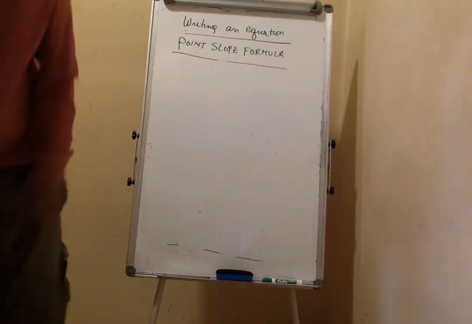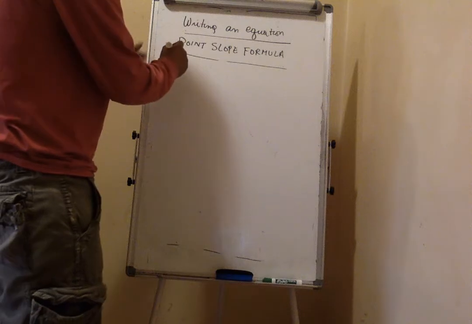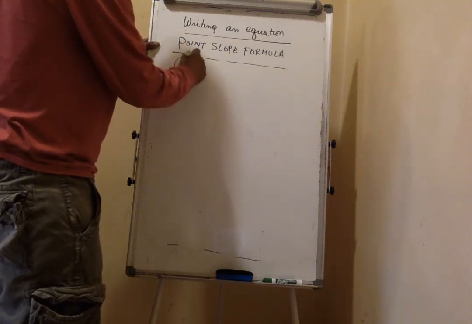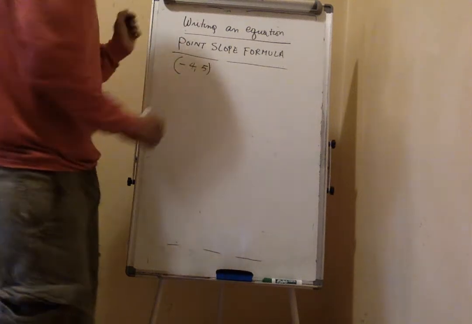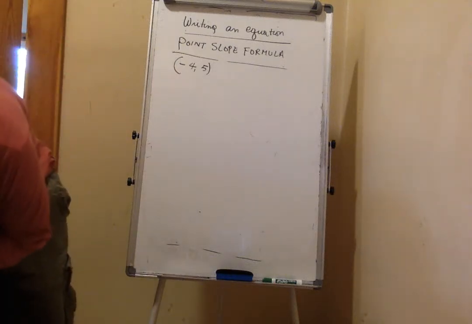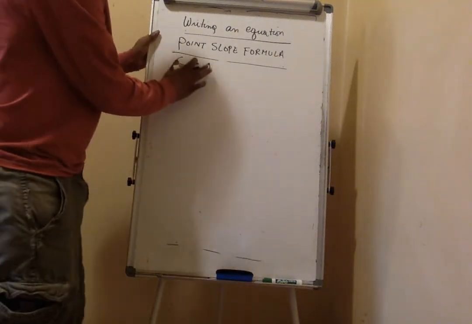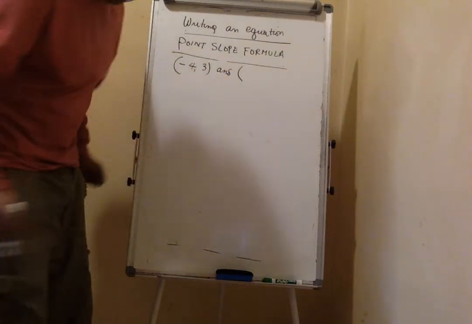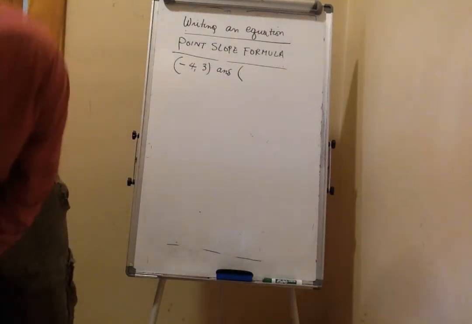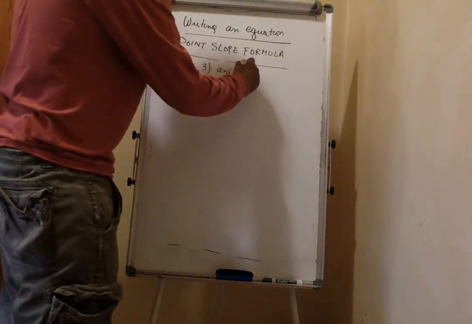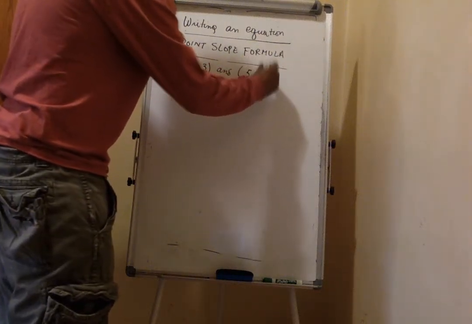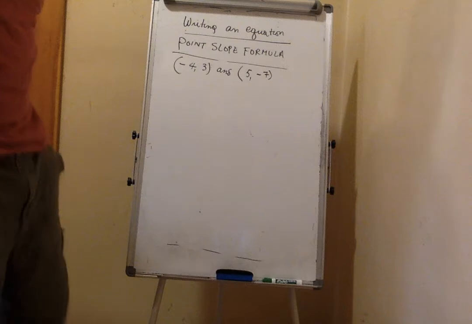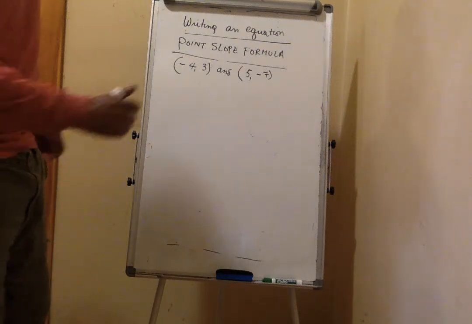Suppose the equation you are writing passes through the points -4, 3 and 5, -7. And you are asked to write an equation. In this instance, we have to find the slope first.